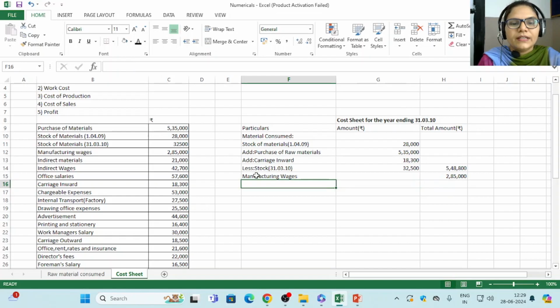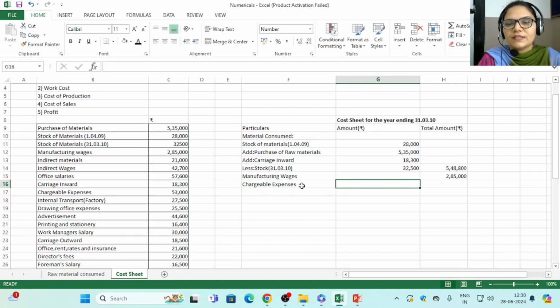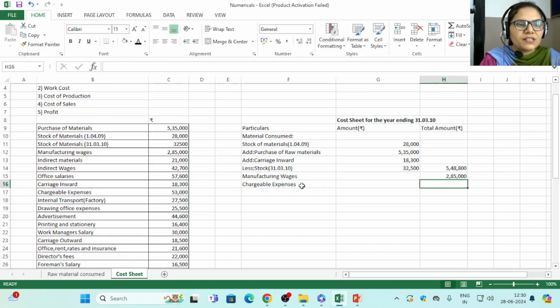Next are your chargeable expenses. You can see in the question 53,000 as chargeable expenses. Chargeable expenses are your direct expenses, as we discussed in the previous session, which is 53,000.